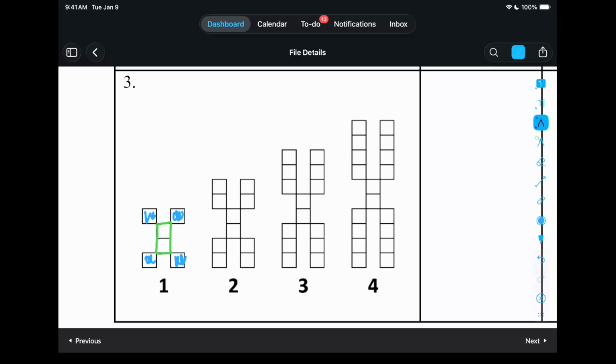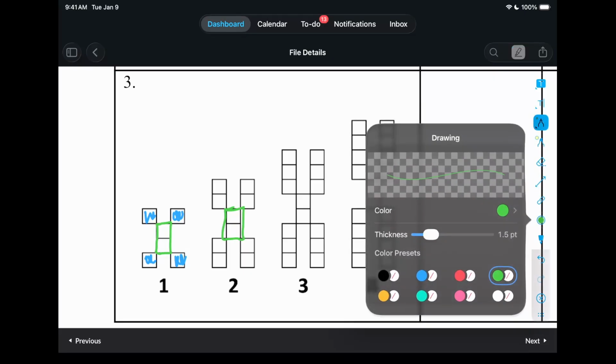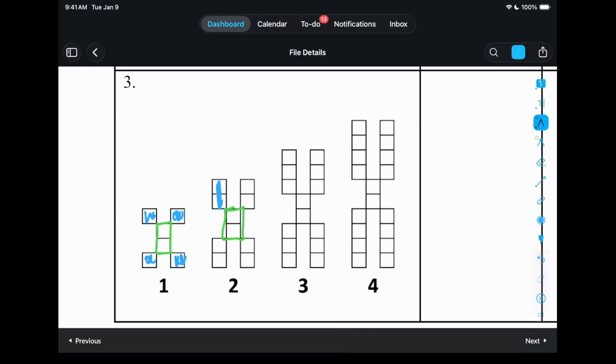Figure number two, we have our 2 in the middle, and then we have 2, 2, 2, and 2. And so forth. Like, we have our 2, and then our 3, 3, 3, and 3. We have our 2, we have our 4, 4, 4, and 4.